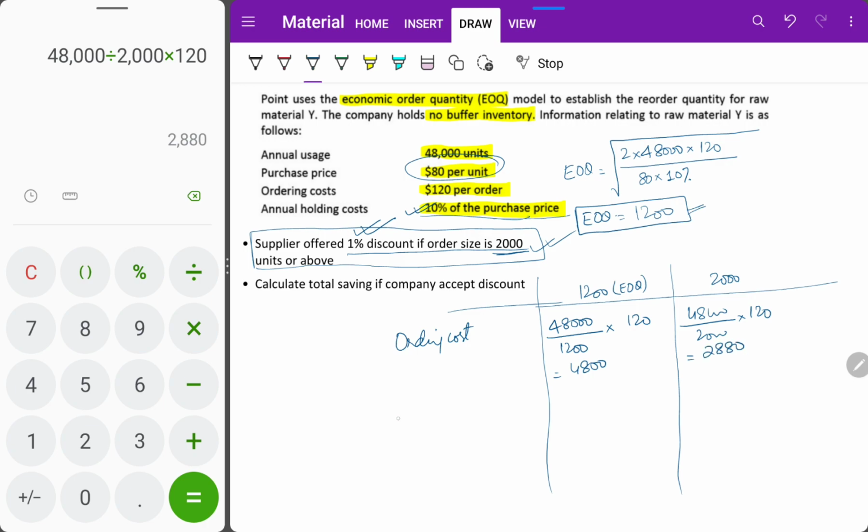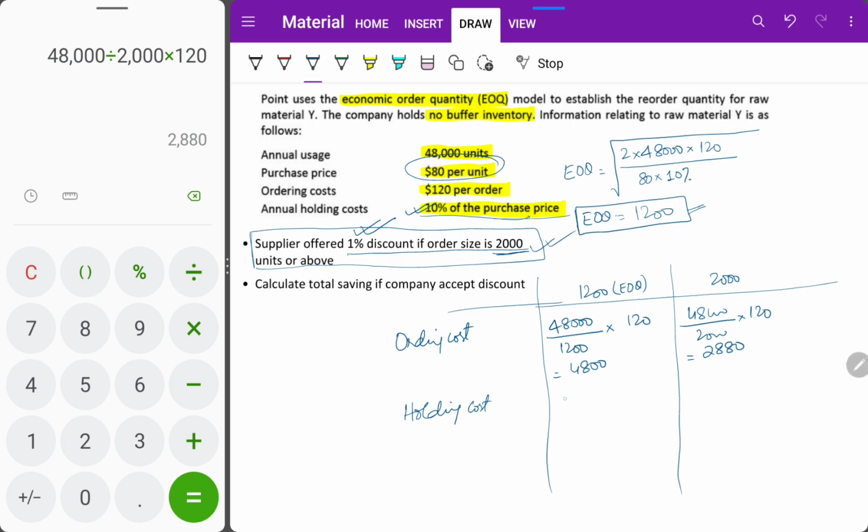And what will be the holding cost? Holding cost is simple. Since there is no safety stock, just try to recall that at EOQ ordering cost and holding cost are the same, right? So if you don't want to calculate holding cost, it's perfectly fine, because we know that the holding cost is going to be 4800 at EOQ. But just to confirm, let's calculate the holding cost.